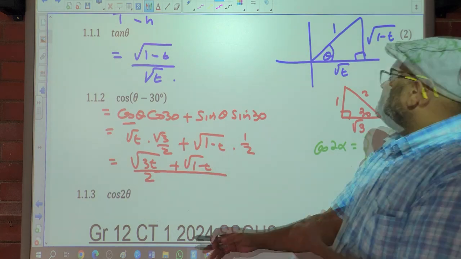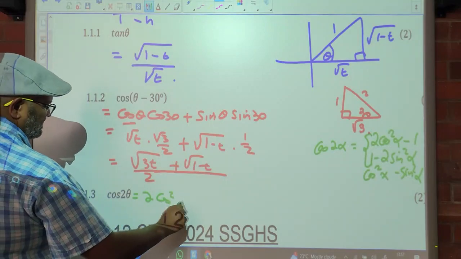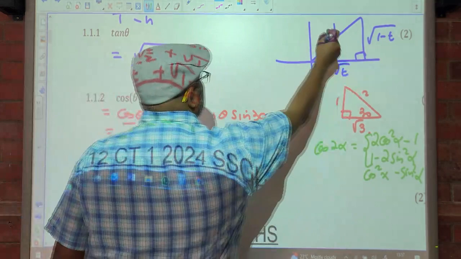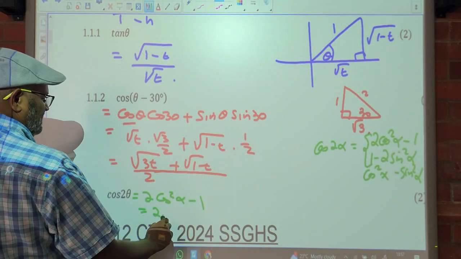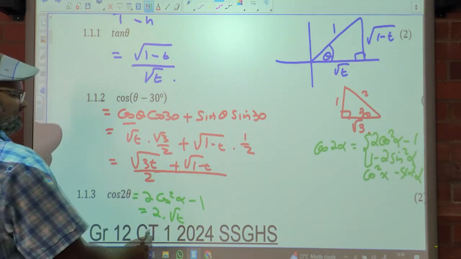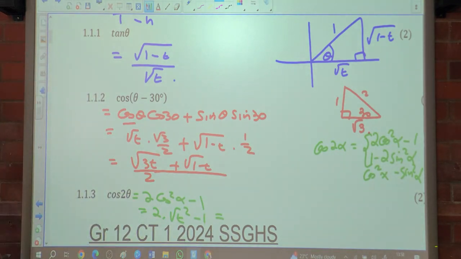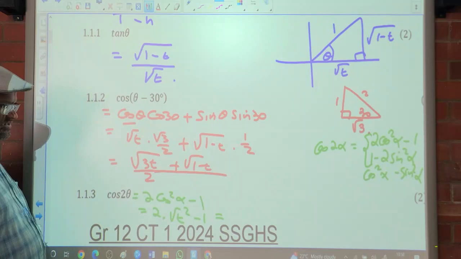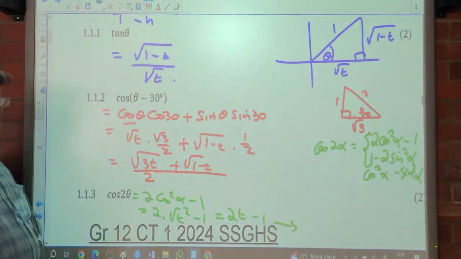Okay? I'm going to go with cos. So it's going to be 2 cos squared alpha minus 1. So what is cos? Cos is adjacent over hypotenuse. So it's 2 times the square root of t, which is cos alpha, squared minus 1. So what is the square root of t squared? t. So it's 2t minus 1.